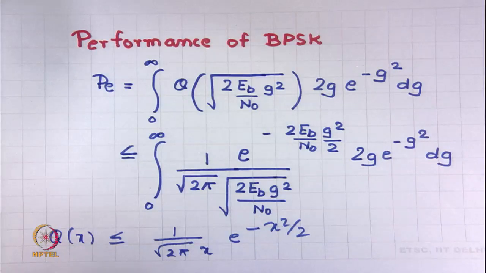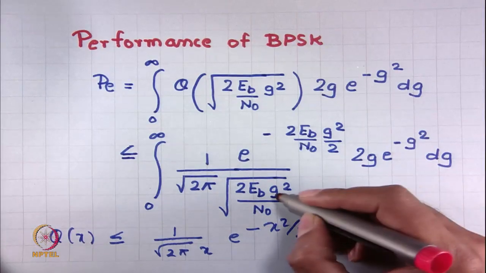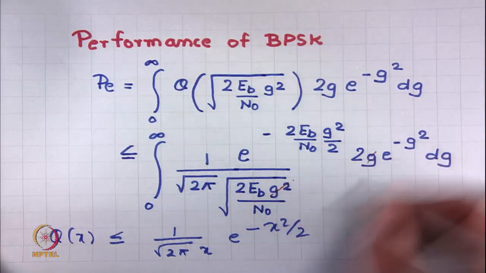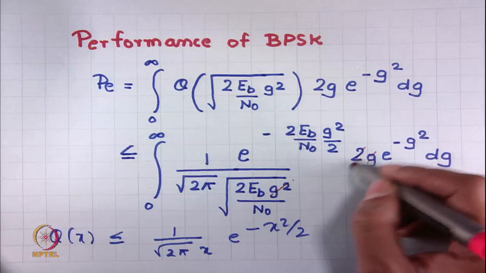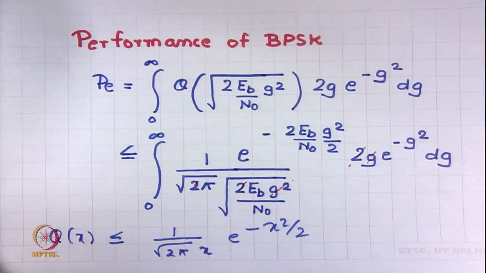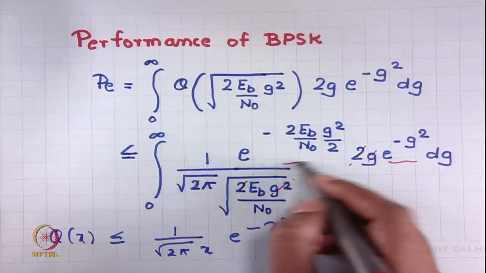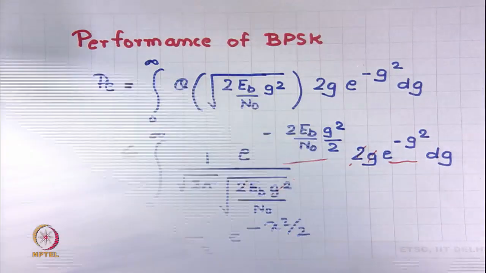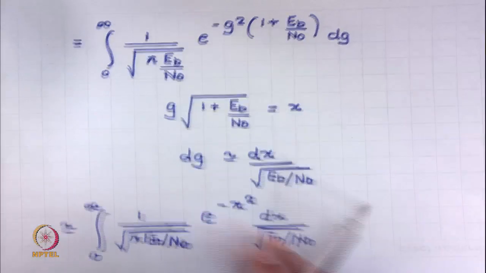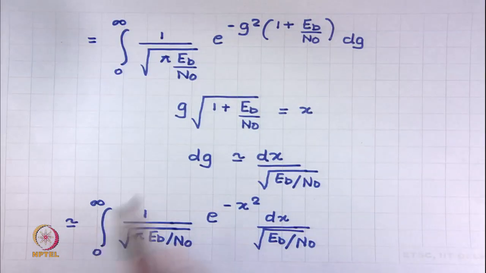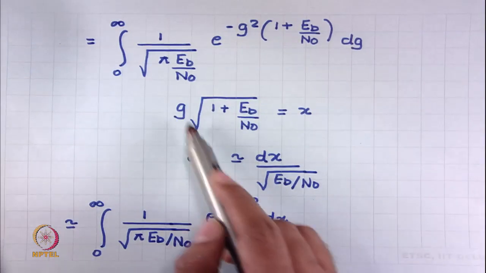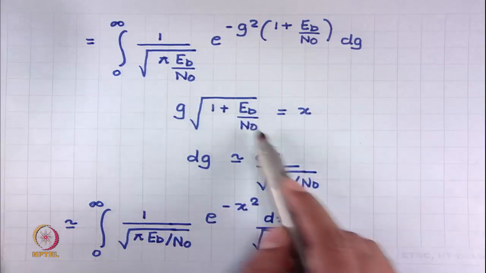Now, let us try to see how I can solve this. This cancels with this, 2 cancels with these 2 2's, and I can combine these 2 terms. What I get is this expression. Then I can substitute g times under root of 1 plus Eb by N0 as simply x.